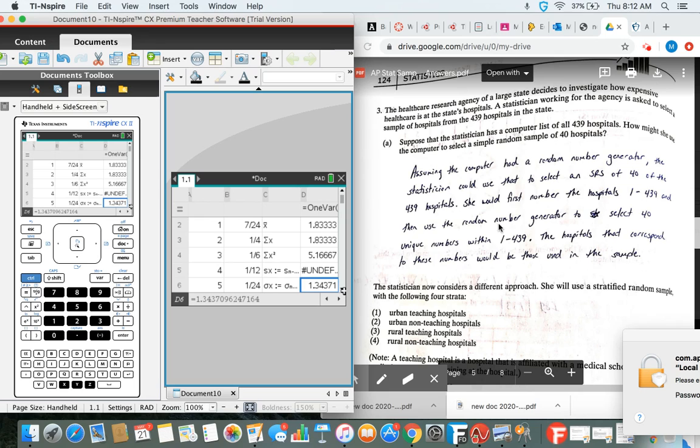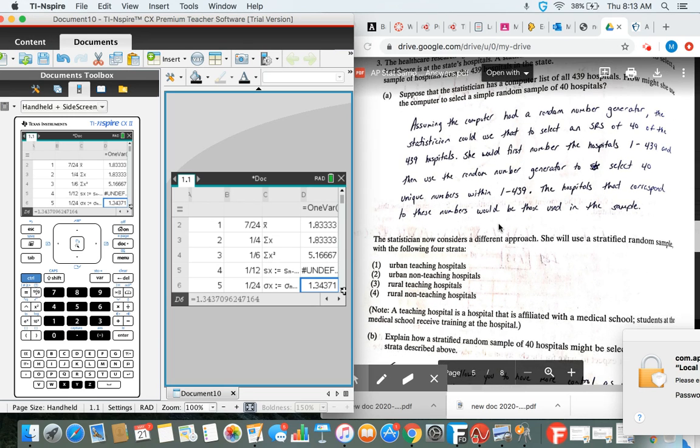In this case, from 1 to 439. You would first have to number all those hospitals. So you'd have to give them a number, and then the numbers that you would get on the random number generator would correspond to the hospitals that you gave the number to, those would be the ones you would use in the sample.